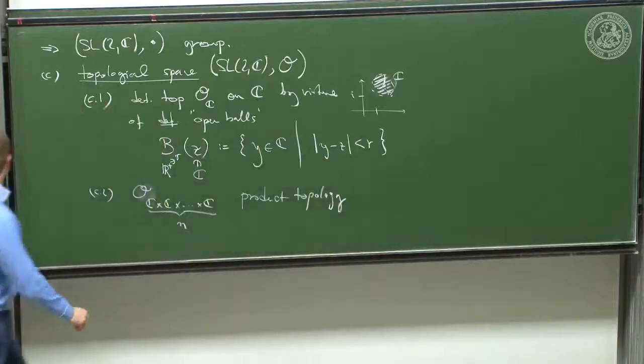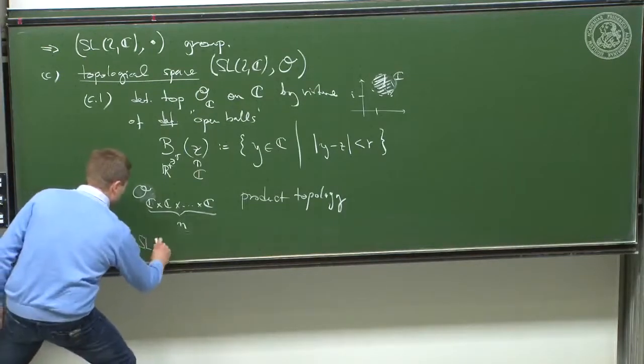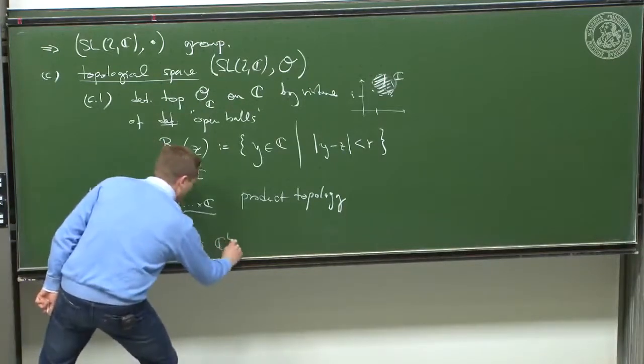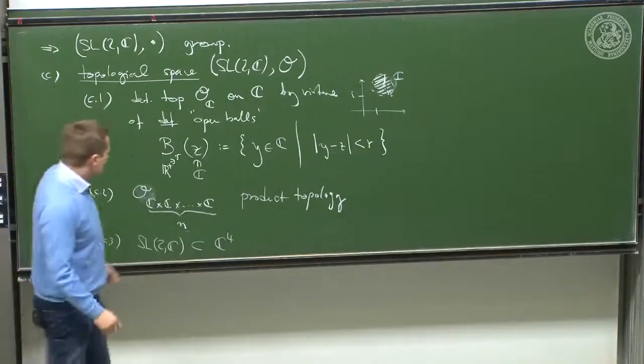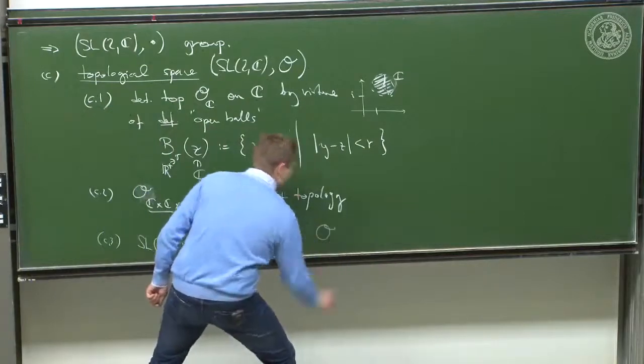If I have one on C, I have one on C4 by virtue of the construction of the product topology. Now, we have one on C4, but SL2C is not C4; SL2C is a proper subset of C4, of course, because it is C4 with a condition. Now, any subset can be equipped with the subset topology.